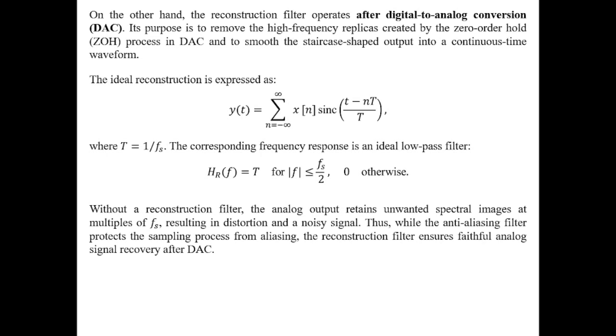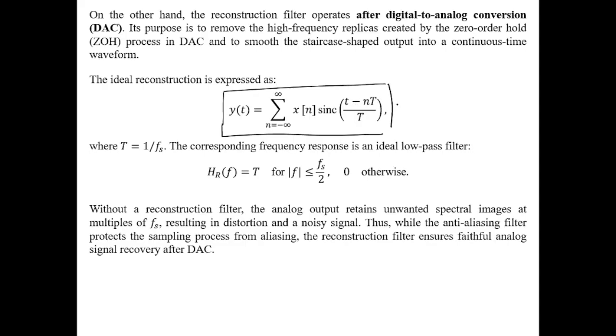After the digital to analog conversion, we have another filter, as I told you, the reconstruction filter. The ideal reconstruction filter is expressed in this form: y(t) equals summation of n from minus infinity to infinity x[n] sinc((t minus nT) by T).